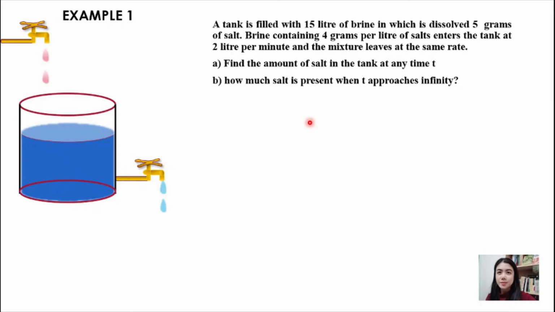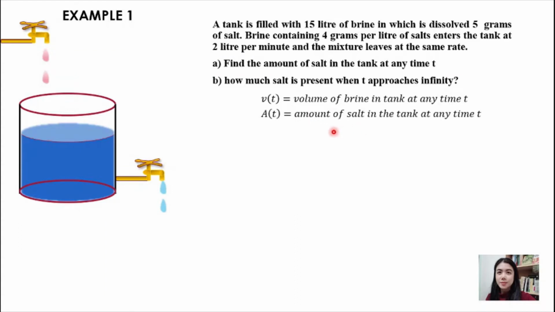Let's look at this example. Let V(t) equal the volume of brine in the tank at any time t, and A(t) equal the amount of salt in the tank at any time t. Let's begin to extract the information from this example. First of all, it says that a tank is filled with 15 liters of brine.